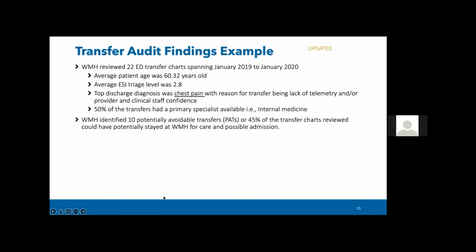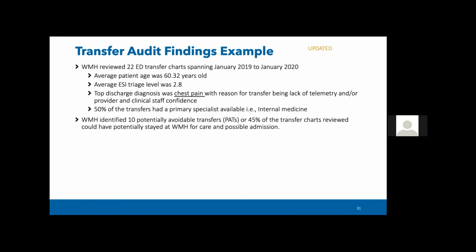Then we have another hospital in New York, not from the same group, that also looked at their ED transfers. They had a high amount of ED transfers getting sent out of the state, to Pennsylvania.